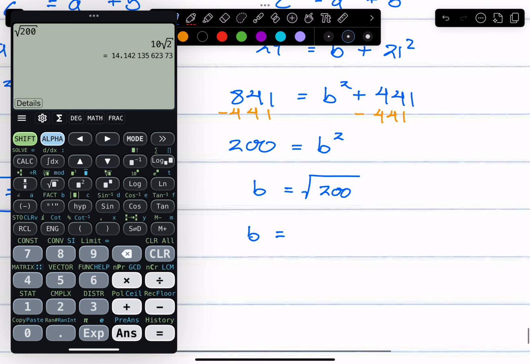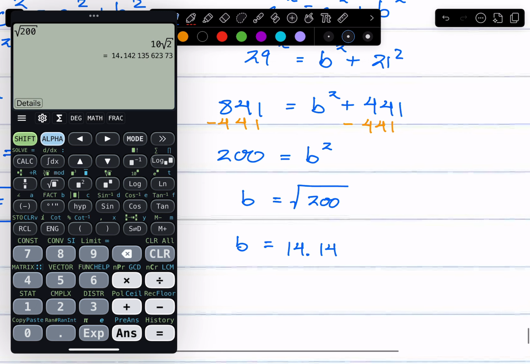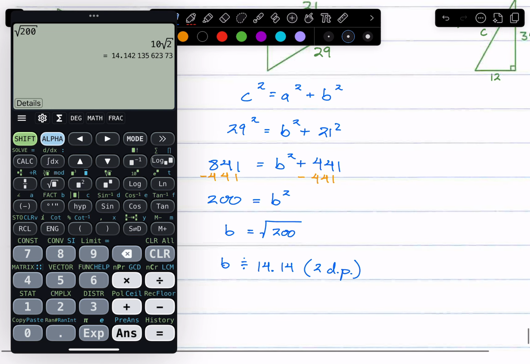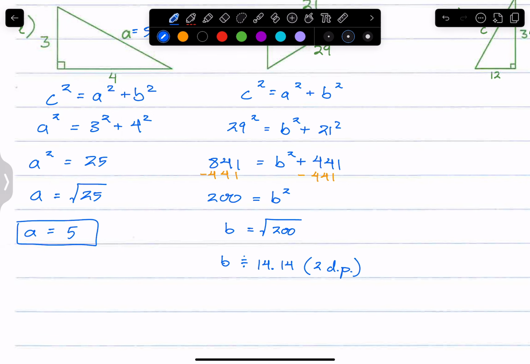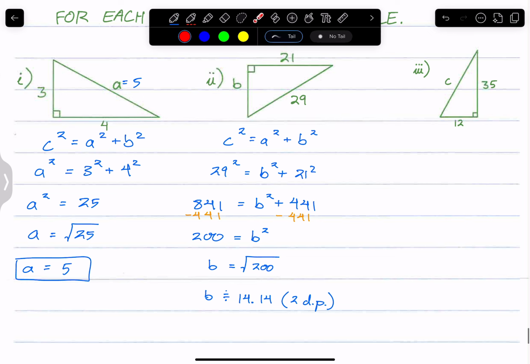Square root of 200 is, well, in this case, we get a decimal value. This gets us 14.14. And since we're rounding to 2 decimal places, we say it's approximately equal to that, and we write to its right that it's rounded to 2 decimal places. All right, so I hope you're seeing that we're literally just using this formula, placing the correct values in the correct position, and then solving the problem.